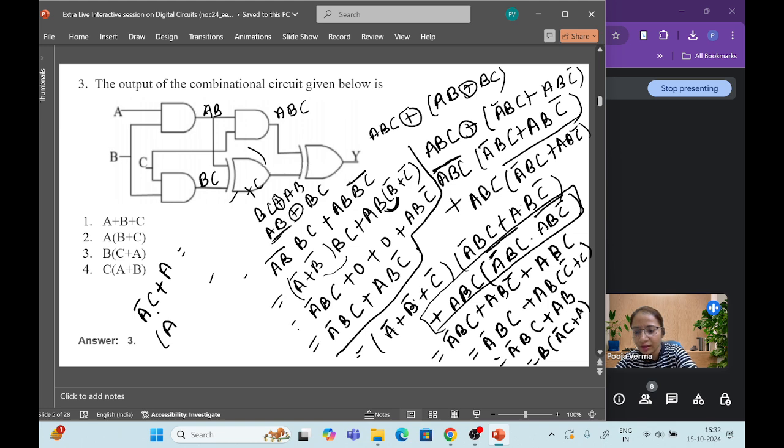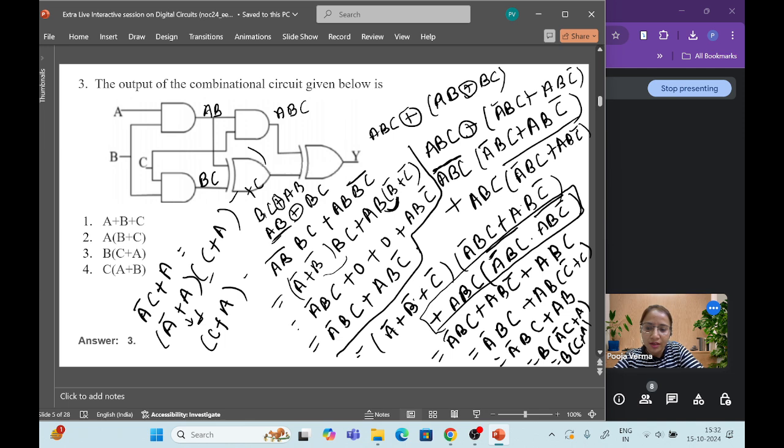We can write it as a dash plus a, or c plus a, right? So it will be one only. What we got is c plus a only. So c plus a is the final answer.